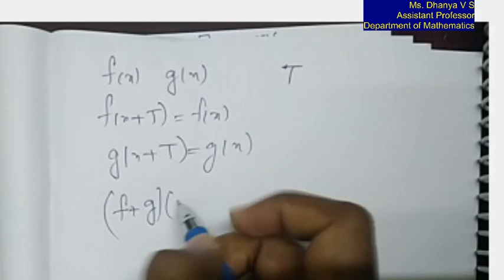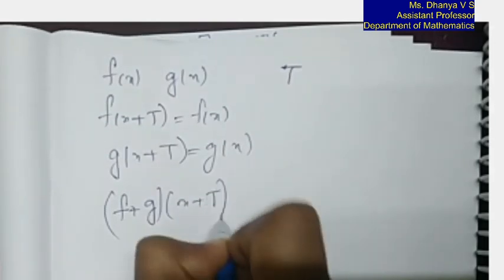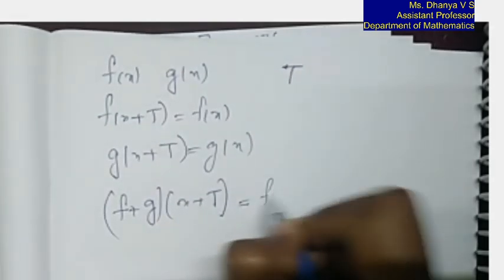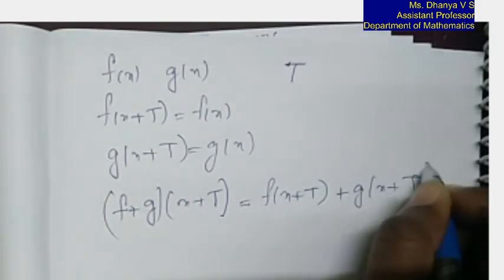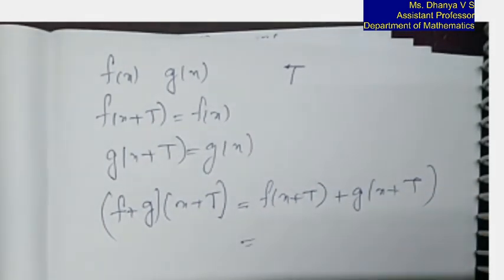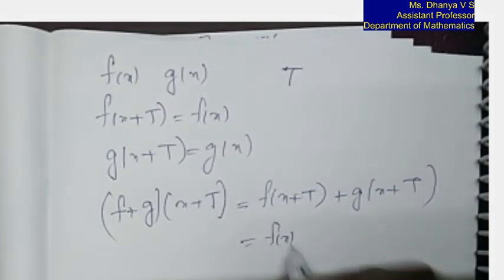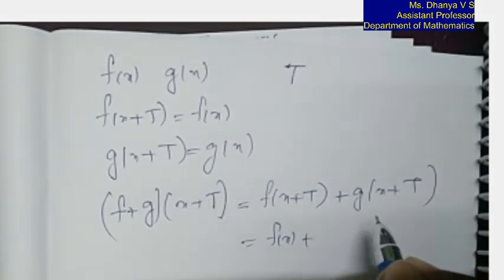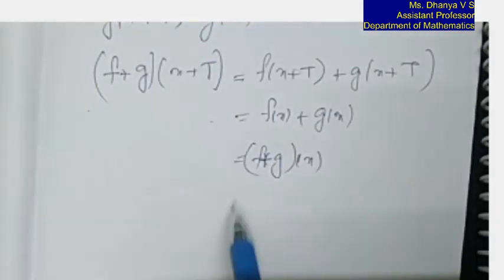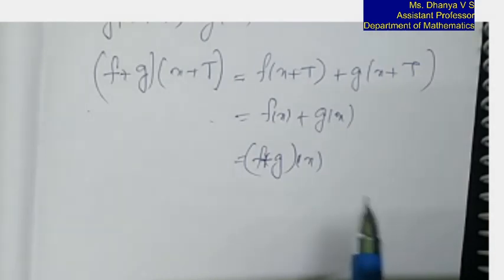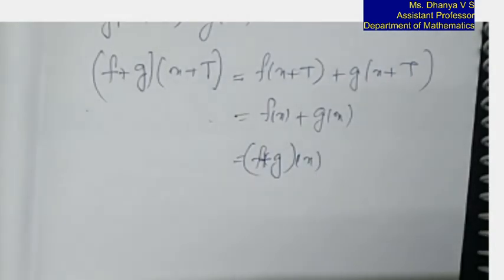Now f plus g of x plus T is f of x plus T plus g of x plus T. Since f is periodic with period T, this is equal to f of x, and since g is periodic with period T, this is equal to g of x. So I can write it as f plus g of x. So f plus g of x plus T is equal to f plus g of x for all x. This shows that f plus g is periodic with period T.